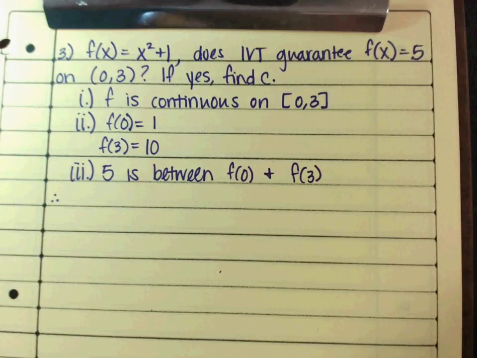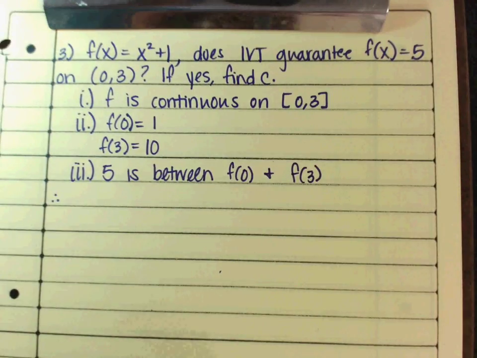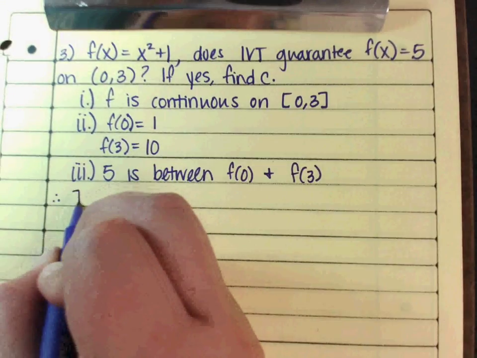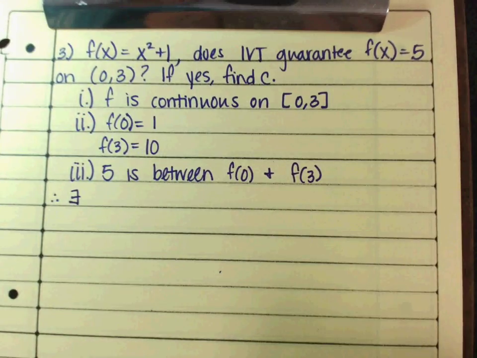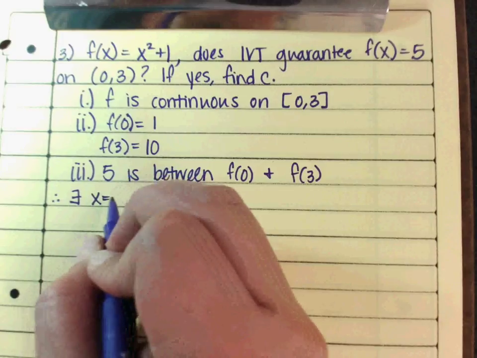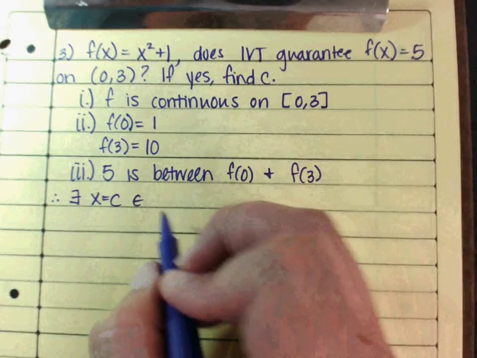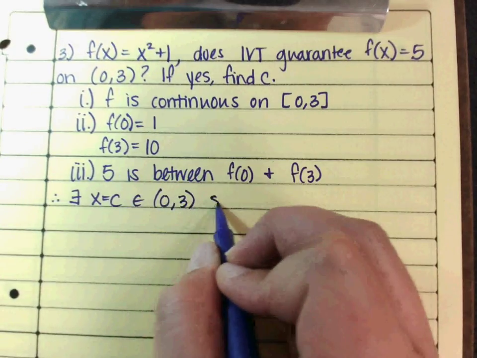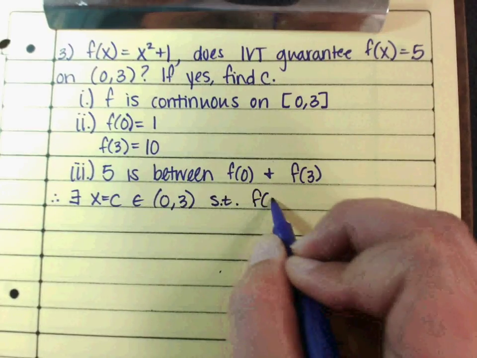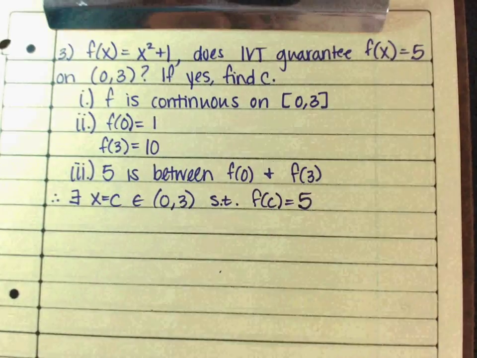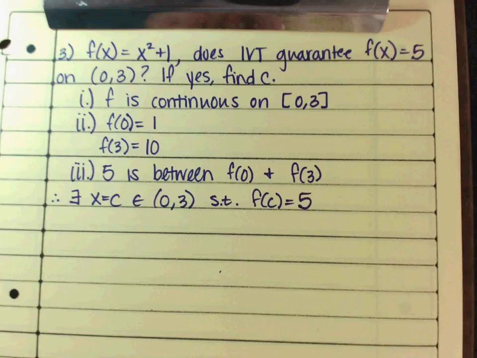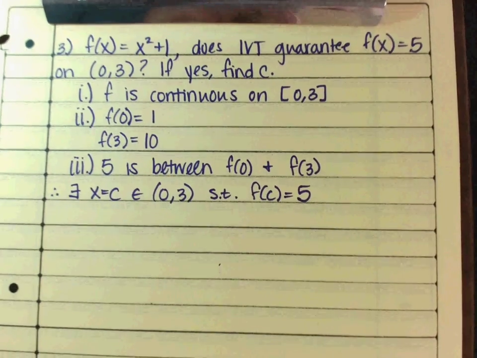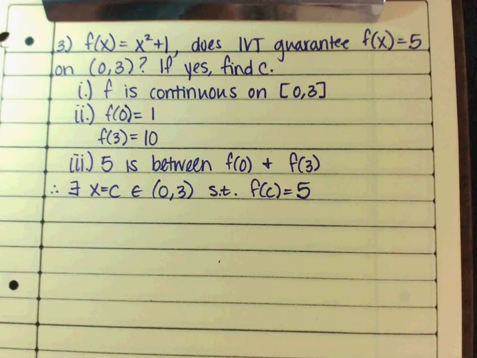Then I would have 5 is between them. Therefore, what comes first? There must exist x equals c within what interval? 0 to 3, so that what? F of c gives me the number I wanted, which was a height of 5. Now, if I want to find it, I just set my function equal to that number and try to solve.